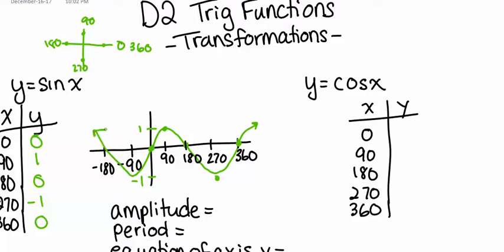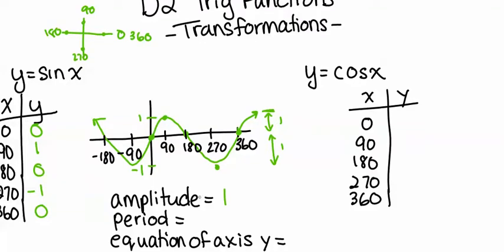over and over again. So if we had to describe this graph, we'd call it an amplitude of 1, which is the distance from the maximum to the middle of the graph, so that's 1 unit, or from the middle of the graph to the minimum, 1 unit. So that's our amplitude.